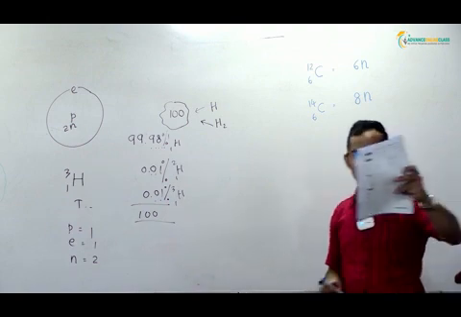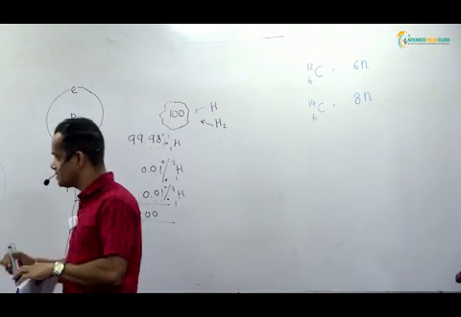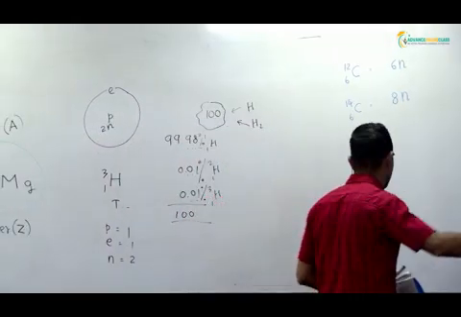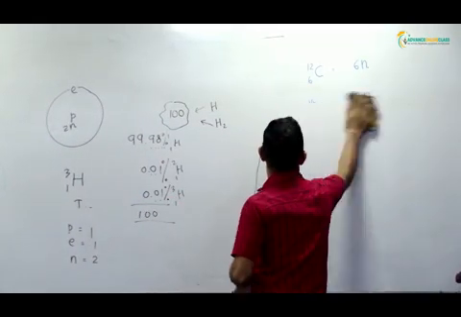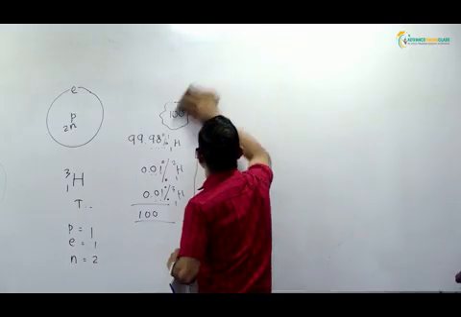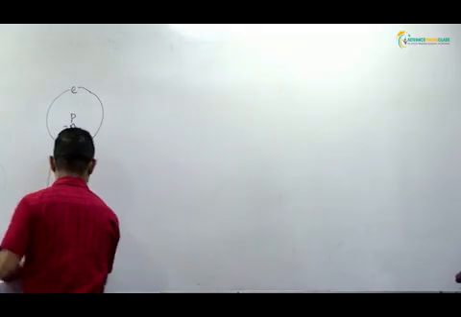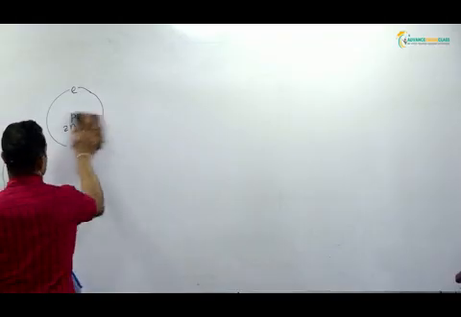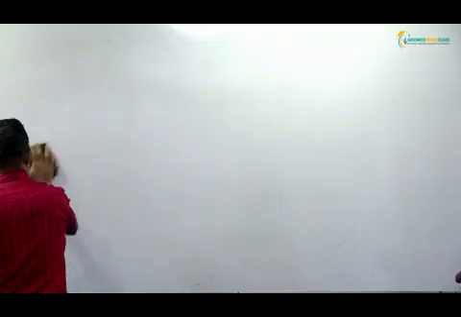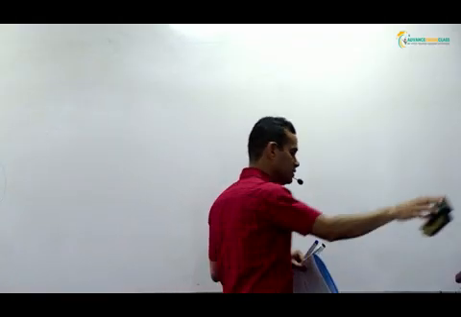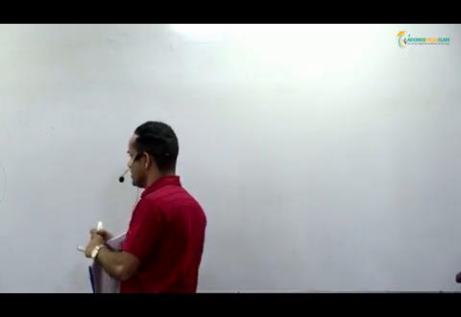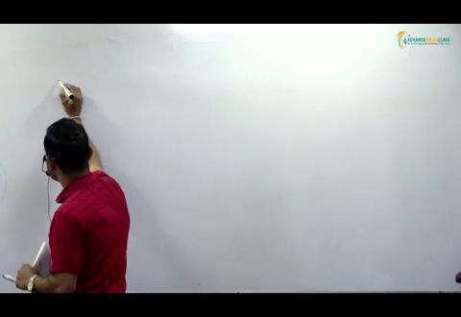Okay. Lithium contains 3 electrons. So how can you write 3 electrons?